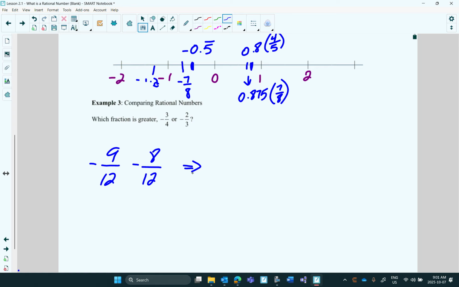Careful, the opposite happens, right? No, this one's bigger, right? Yeah, because it's closer to 0. Remember, the opposite happens. So -2/3 is greater.